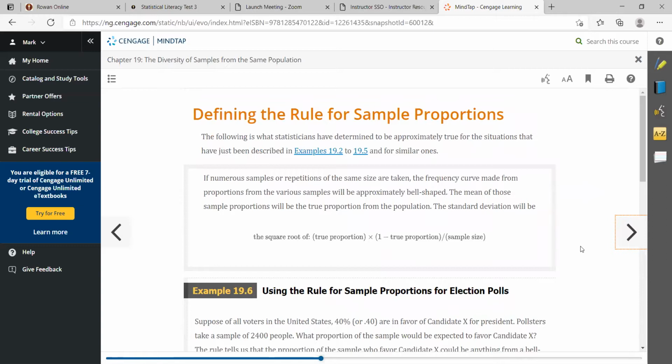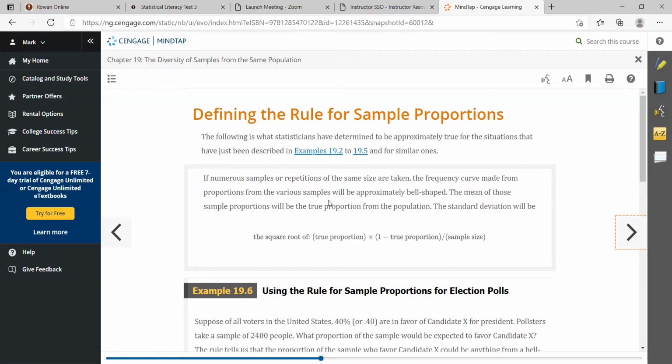Now, one of the things required for this rule for sample proportions is that we calculate what's called the standard deviation for a frequency curve. And the frequency curve is what? It's a curve made up of the different proportions for the various samples that we could possibly get. In other words, if 1,000 people did the same type of random sample, with the same number of people being asked the same thing, you would all get different sample proportions.